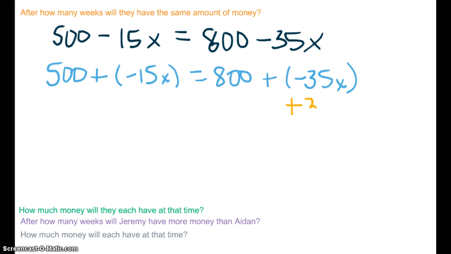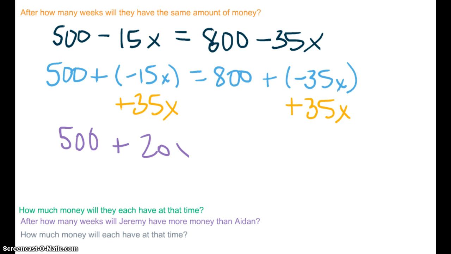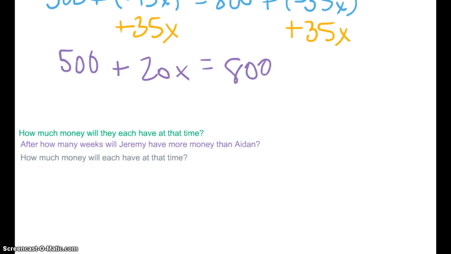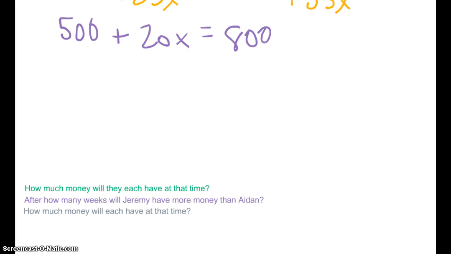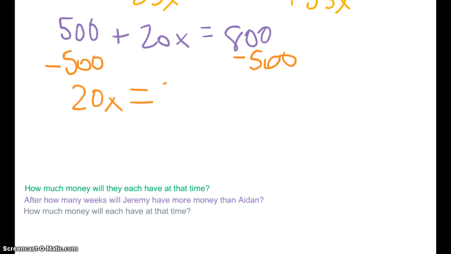Now, I'm going to add 35x's to each side. So I have 500 plus 20x has the same value as 800. Next, I will subtract 500 from each side. So I'm left with 20x is equal to 300.